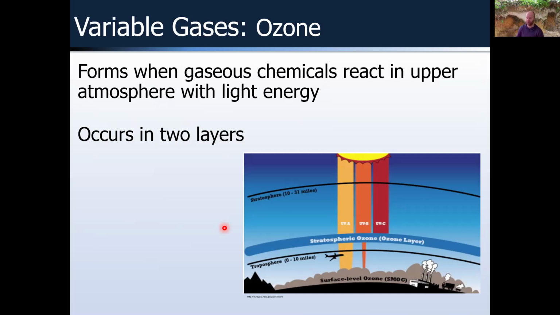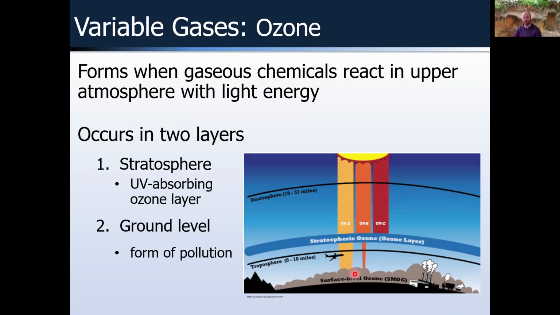Ozone can occur both near ground level, here in the troposphere near Earth's surface, and in that case it's really a form of pollution, as it is not healthy for humans to inhale ozone. However, ozone is essential for life on Earth. It's essential for us and for plants. In the upper atmosphere, in the stratosphere, it provides us with incredible shielding from high energy forms of radiation, including UV and X-ray, which ozone is literally absorbing.